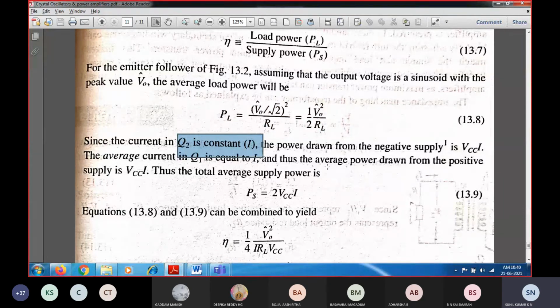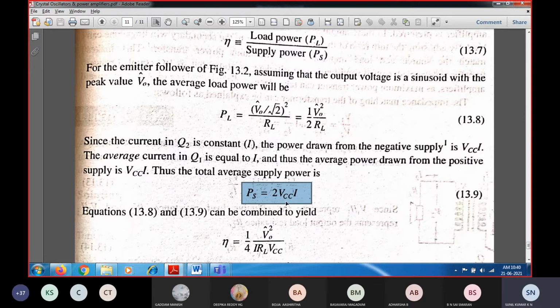So the power drawn from the negative power supply is VCC into I. The average power drawn from the positive power supply is also VCC into I, as the average current in Q1 is equal to I. So the total power supplied from both transistors Q1 and Q2 is VCC I plus VCC I. So you get 2 times of VCC I as the supply power.